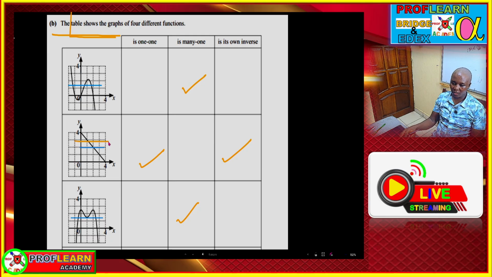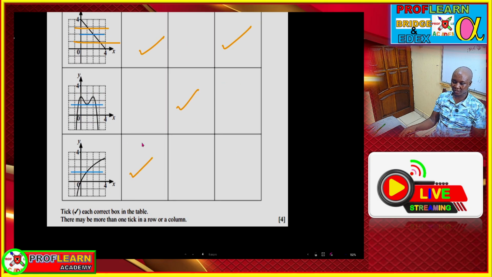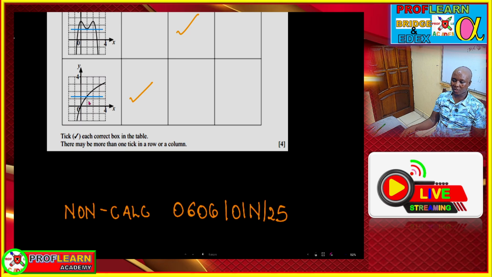But for this one, even if you draw horizontal lines like that, they will cut the graph only once, and that is a one-to-one function, so it has an inverse. This one is a many-to-one function, and this one is a one-to-one function, because if we are going to find the inverse, remember the inverse is a reflection on the line y = x.